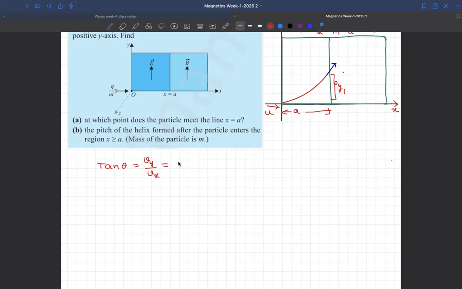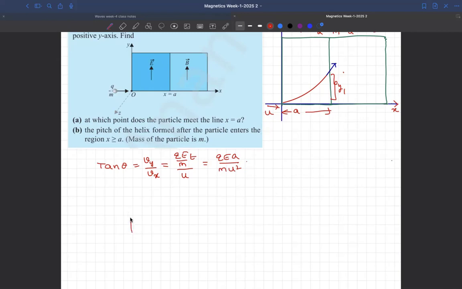Vy means QE by M times T, divided by Vx which is u. And I know what T is, T is A by u. So therefore it is QEA by M u square.